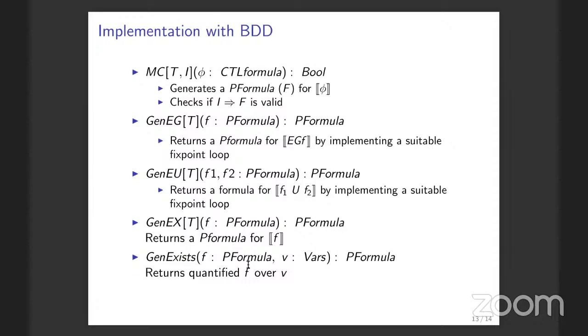This is how the implementation of your CTL model checker, a symbolic model checker, would be structured. At the bottommost level, you will have a function which implements EX, and AX also if you wish.